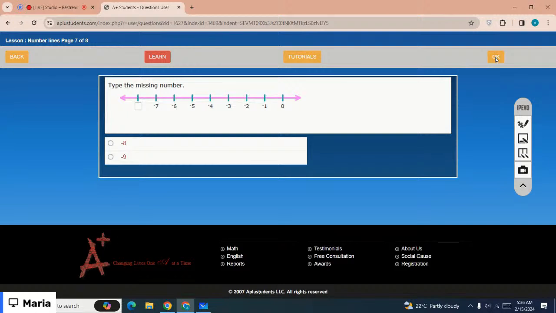Type the missing number. So, which number is missing? That is negative 8 missing, right?